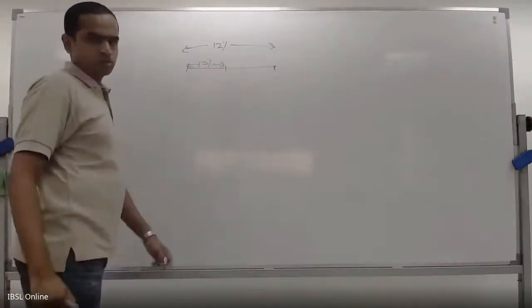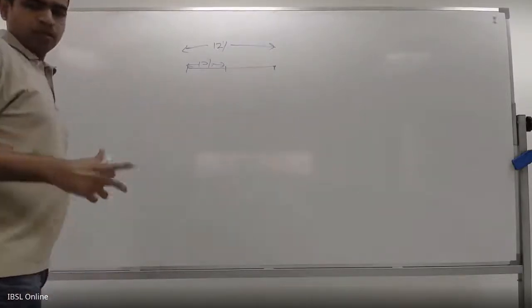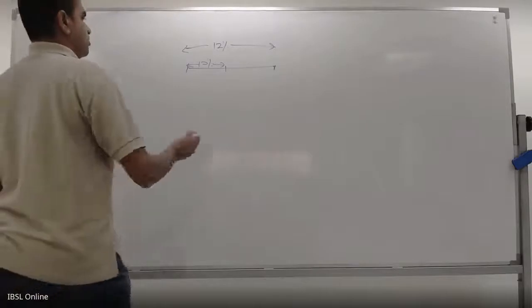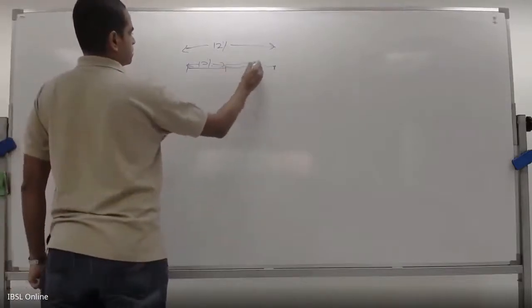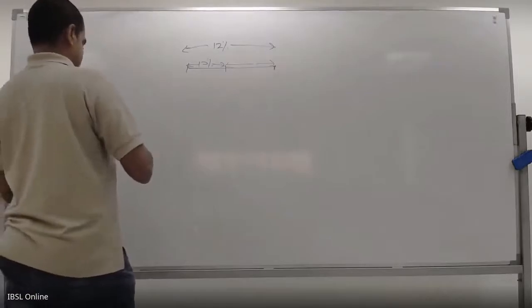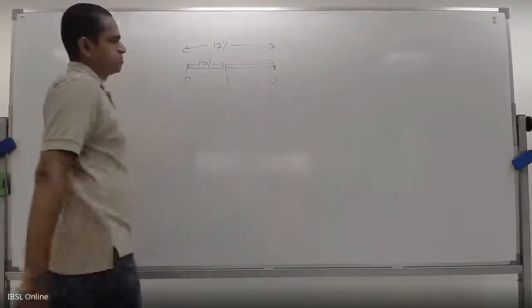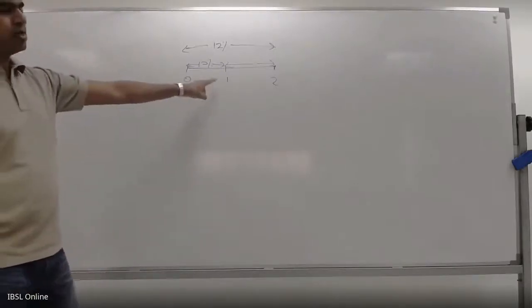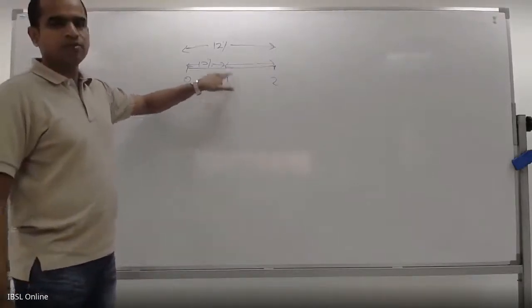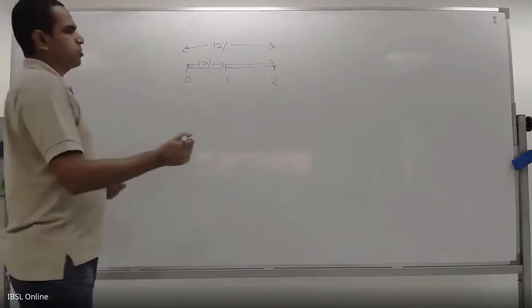So a customer comes to you and wants to borrow for a period of 1 year, but not today. He wants to start it 1 year from today. This is today, this is 1 year, this is the 2 years. He wants to start the borrowing 1 year from today, and he wants a 1 year loan. So if he comes to you and asks for a rate, what would you quote?